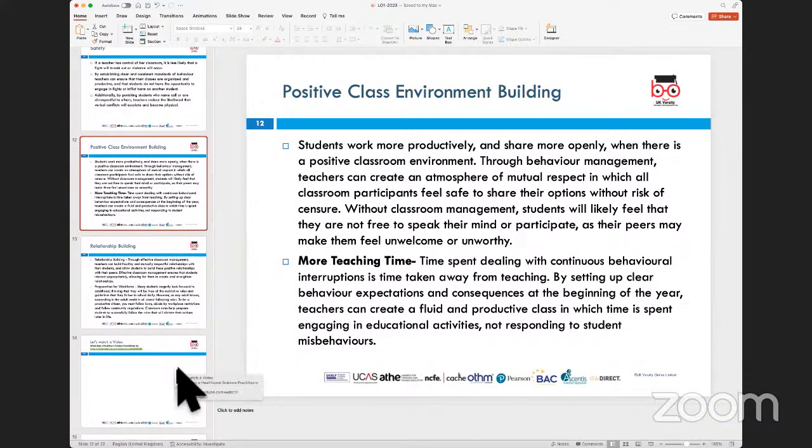Now, we also look at some definitions that we are putting forward, because what I would want to do is talk about some of the key aspects. So here, one of the key aspects of classroom dynamics is to understand positive class learning environment and how do we build it.